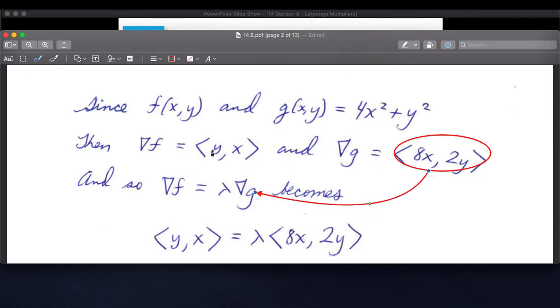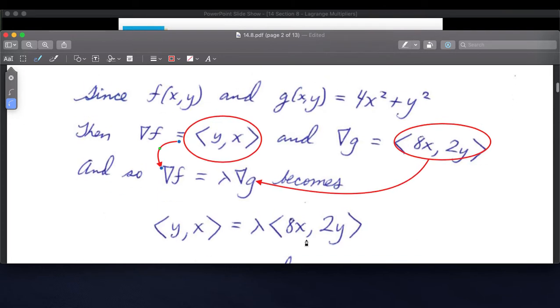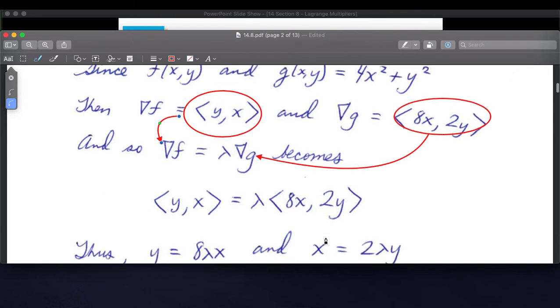Yes. And this here is going to be replacing this guy. So we end up with this equation here. And think back to chapter 12, where the first component of this vector is equivalent to the first component of the other vector on the other side.